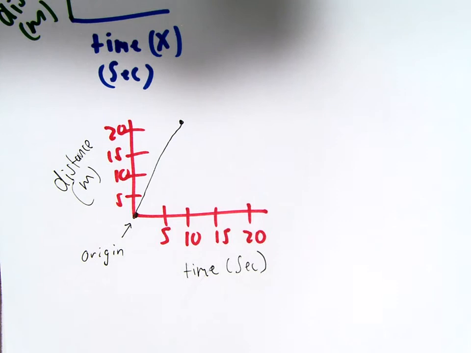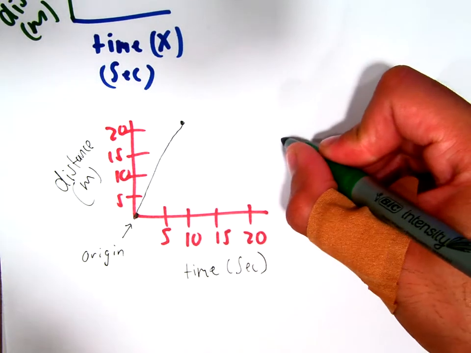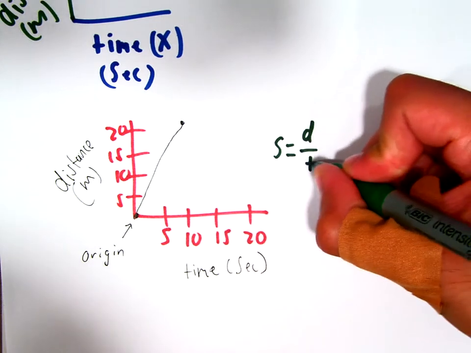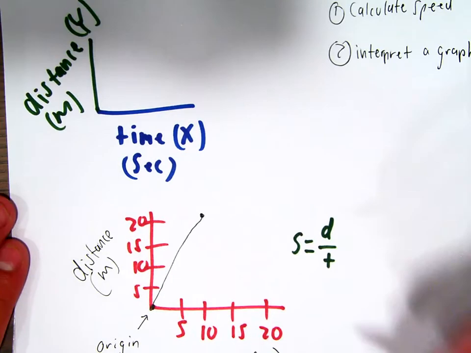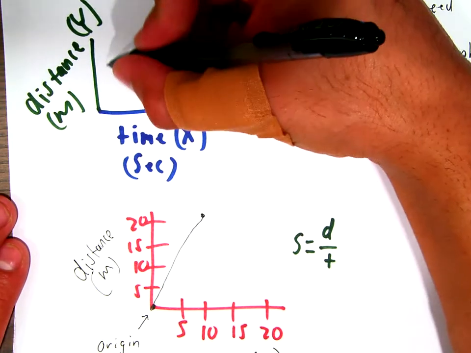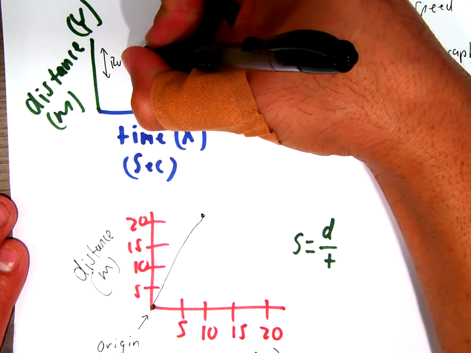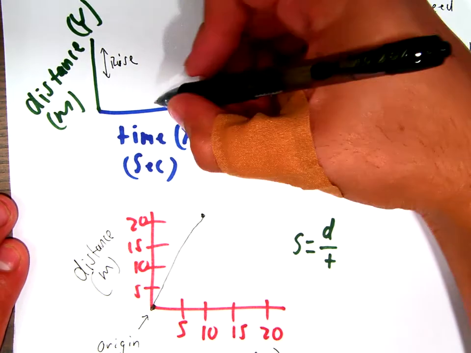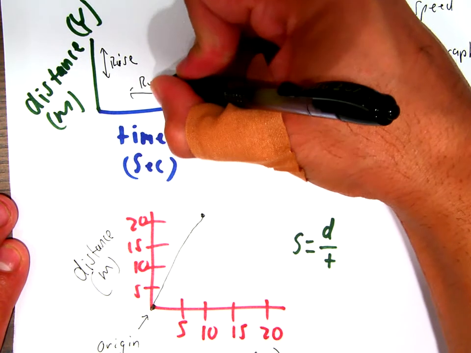Okay, so we're trying to find speed, right? Well, we know speed equals distance divided by time. In a graph, when we go up and down, that's what I call my rise. And when I go left to right, that's my run.